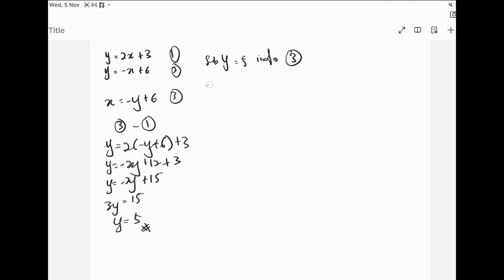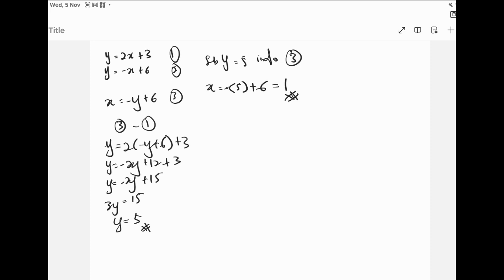So x is equal to negative 5 plus 6, so x equals 1. So y equals 5 and x equals 1. Yes, we have solved this in terms of x and y, but what do these x and y values really mean?